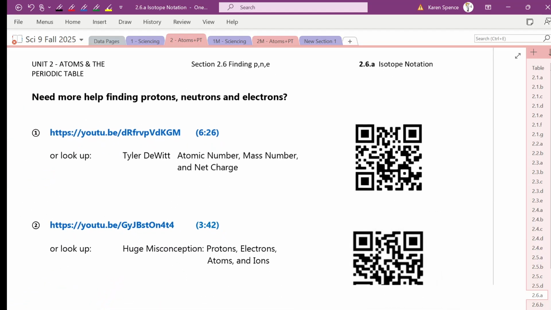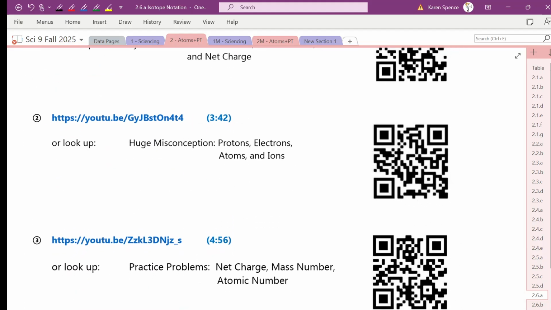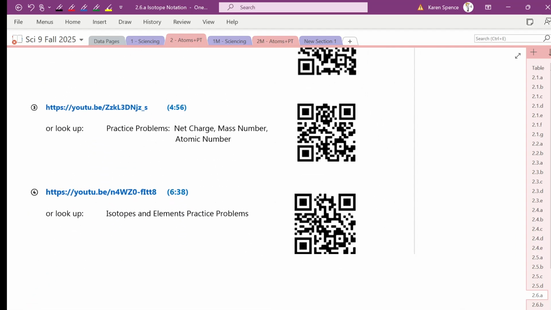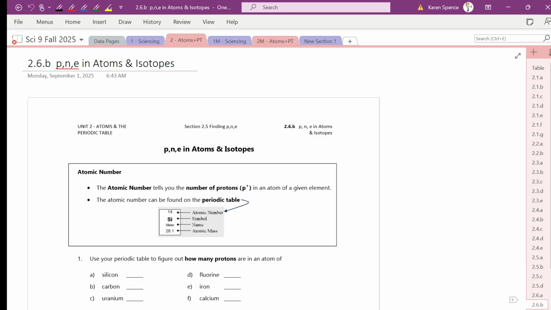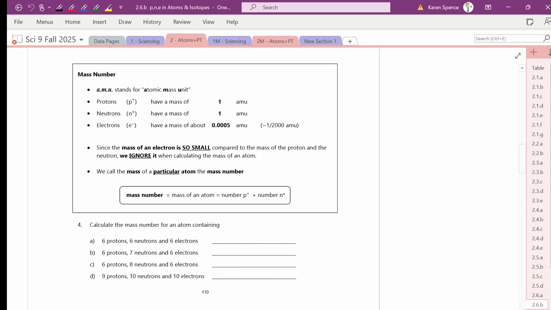Now, on the next page, if you're like, I need more help finding protons, neutrons, and electrons, and writing the isotope notation, there are a bunch of videos here with practice problems. You are welcome to watch those videos if you wish. But if you don't need to, you have already done pages 109 and 110.